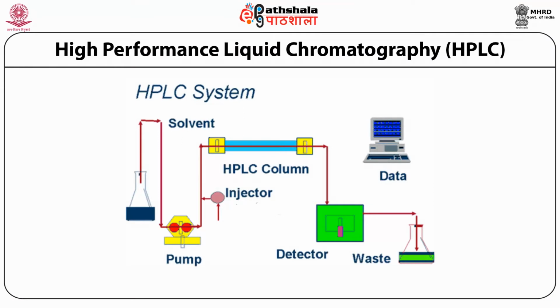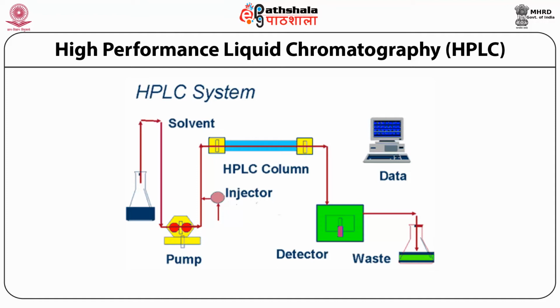Here is the schematic representation of the high performance liquid chromatographic system where the mobile phase is liquid, so it is kept in a solvent container from where the solvent is passed through the column by using the pump. The pump maintains a constant flow rate of the mobile phase throughout the column.